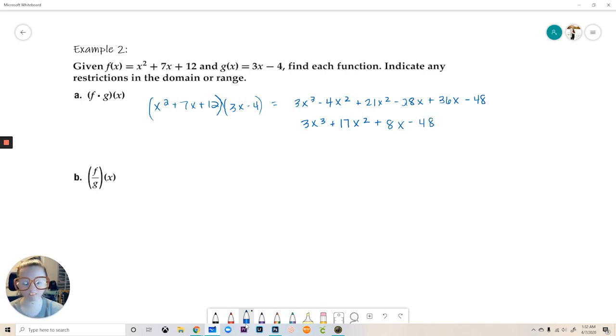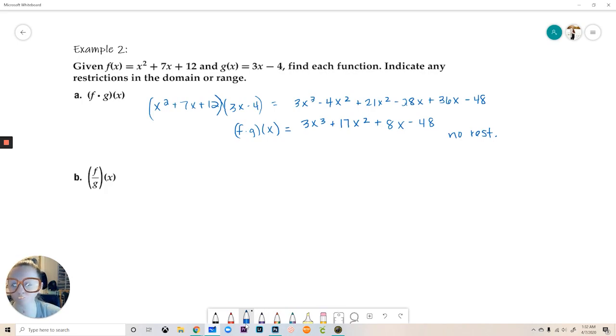So there is the simplified form of f times g of x. There are no restrictions because this is just a straightforward polynomial. There's nothing being divided. There are no asymptotes that would be on the graph. I know we haven't quite talked about that in a while, so no restrictions.